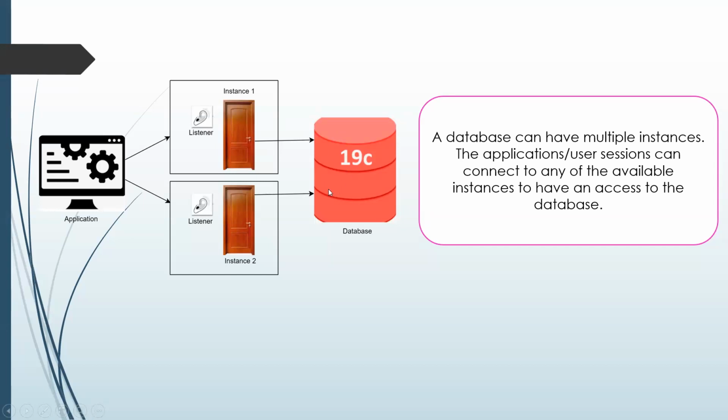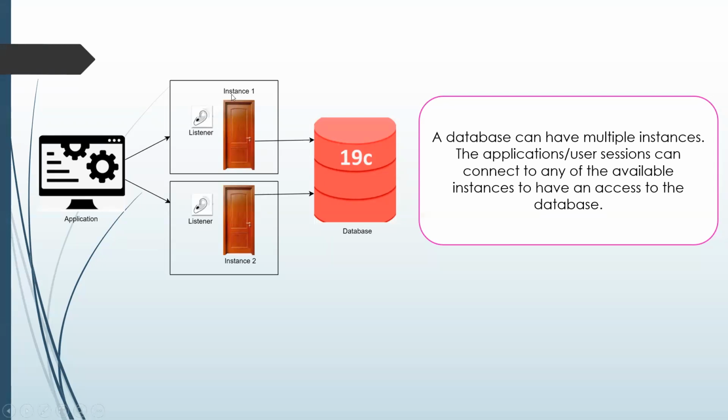Now in this diagram, you see that we are showing the instance as a door. Why specifically is it being shown as the door? Because we also say that the instance, which is the memory component of the architecture, can be called a door to the database.